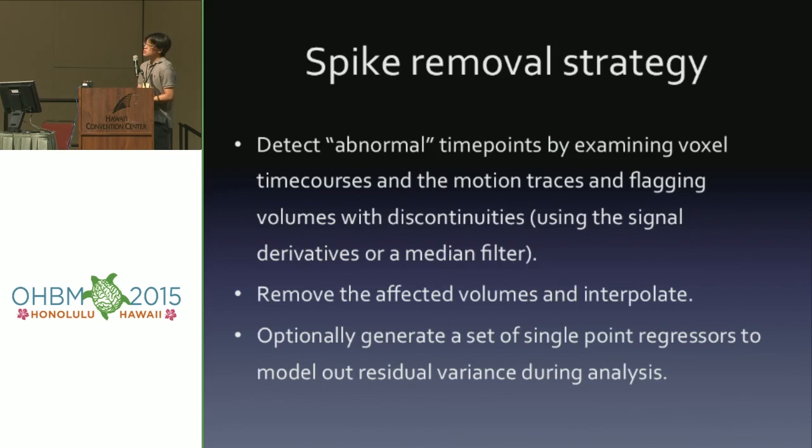Then you remove those outliers, and normally people interpolate those data. And lastly, the best way is to not only remove them but also generate a set of single-point regressors to absorb the residual variance, in order to boost your statistical significance.